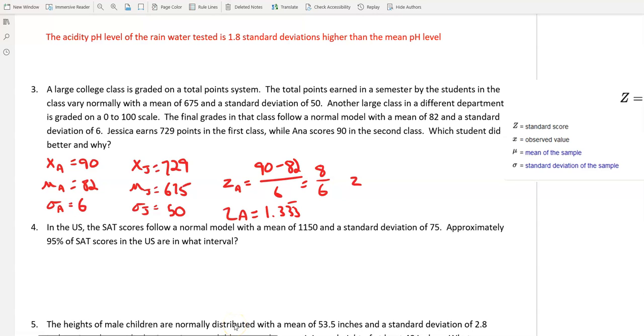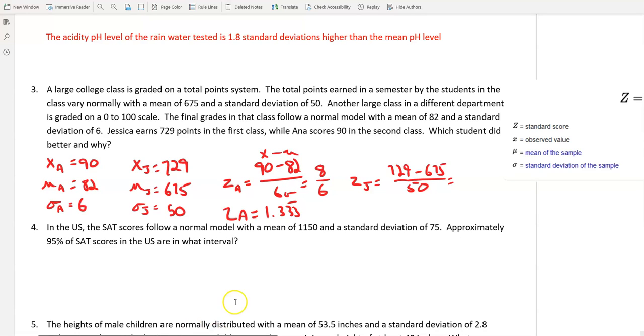Now the z-score for Jessica is going to be, see, it's x minus mu over sigma: 729 minus 675 over 50.